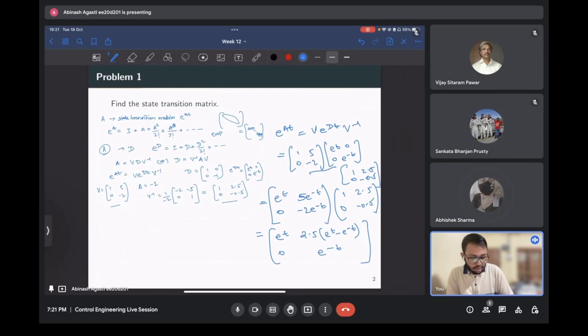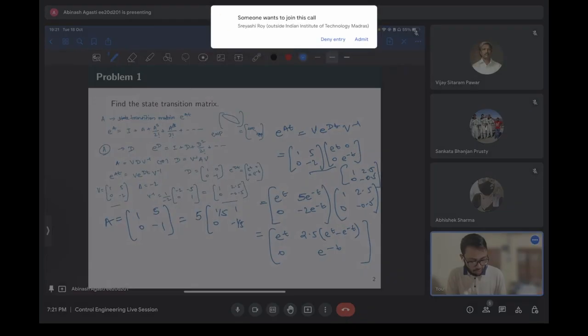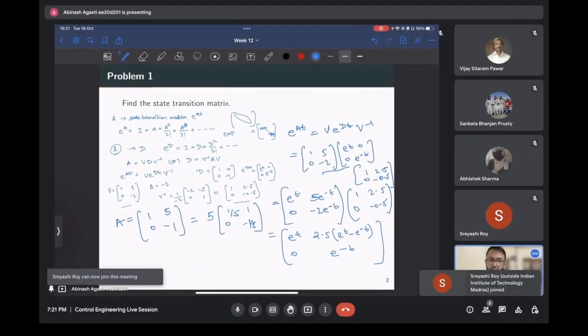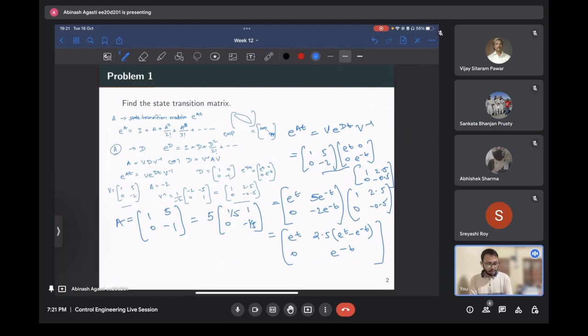And notice here that since the matrix A is itself in some kind of a Jordan block form, right? So that is why you can see here also, when you take the exponential, the diagonal terms are there, and only one thing gets a little modified.